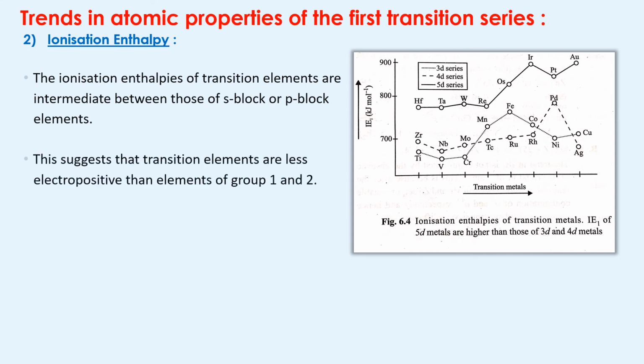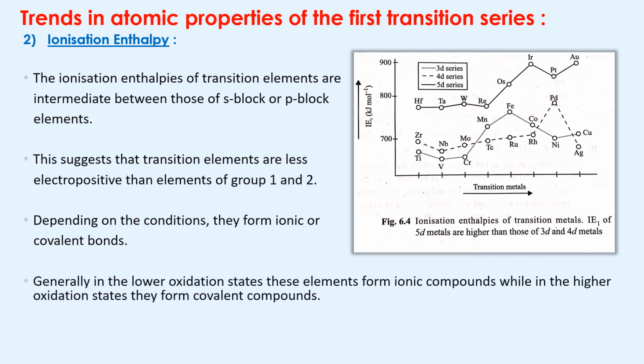This suggests that transition elements are less electropositive than the elements of group 1 and 2, and depending upon the condition they form ionic or covalent compounds. Which one forms an ionic compound and which one forms a covalent compound depends upon the oxidation state.